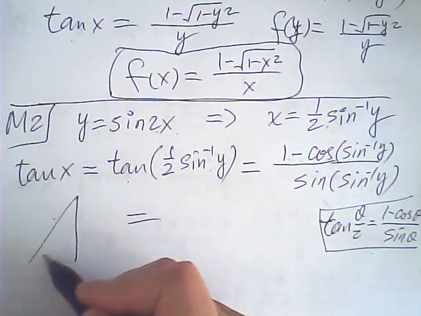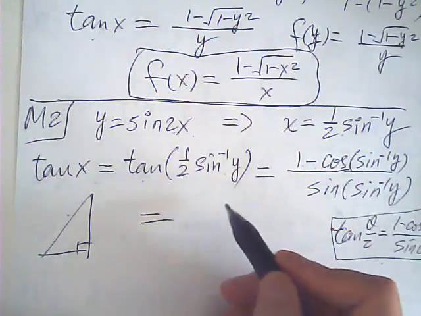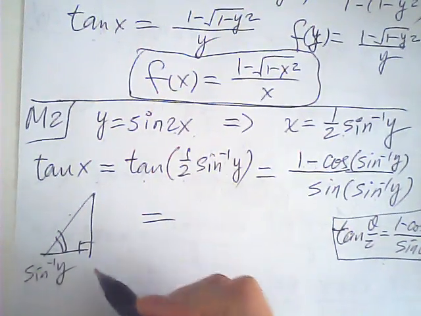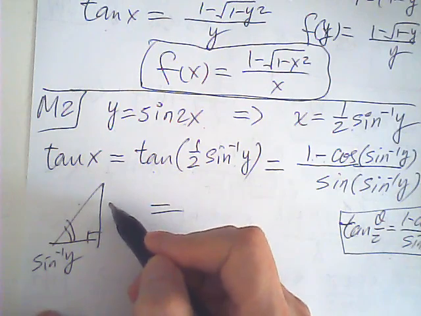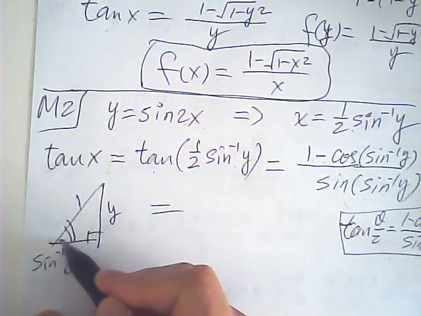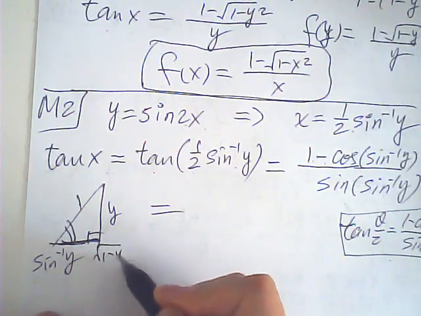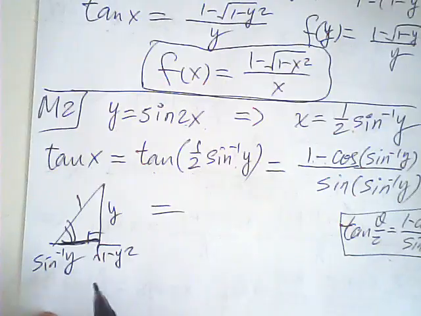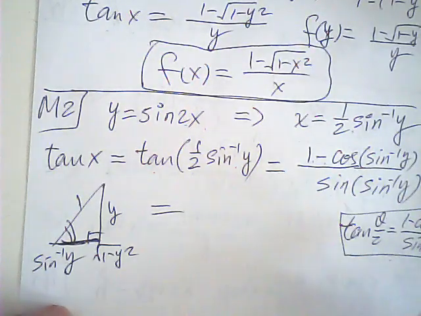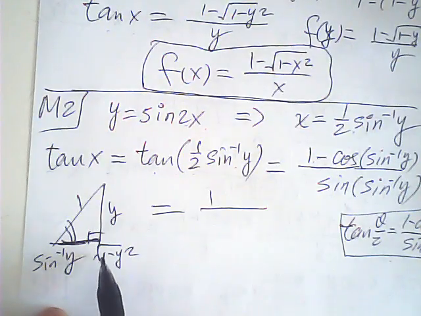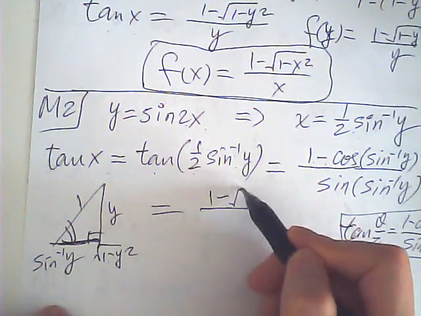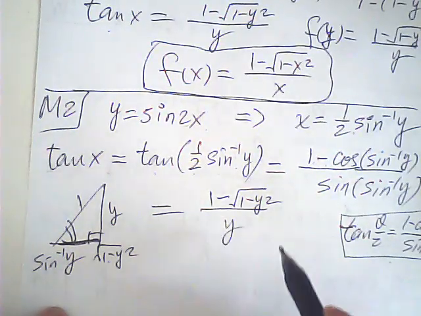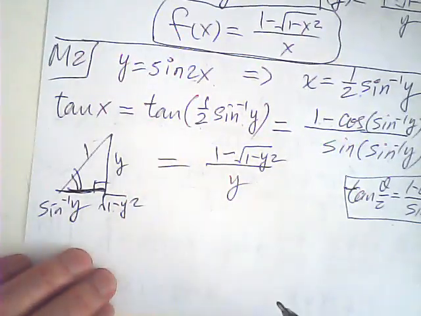well, we can use a triangle. Arc sine y is an angle such that this is y, this is 1. So this side is equal to the square root of 1 minus y squared. So cosine of this angle is this over that, right? So this is the square root of 1 minus y squared. Sine of this one is equal to y. Yeah, we find the solution.